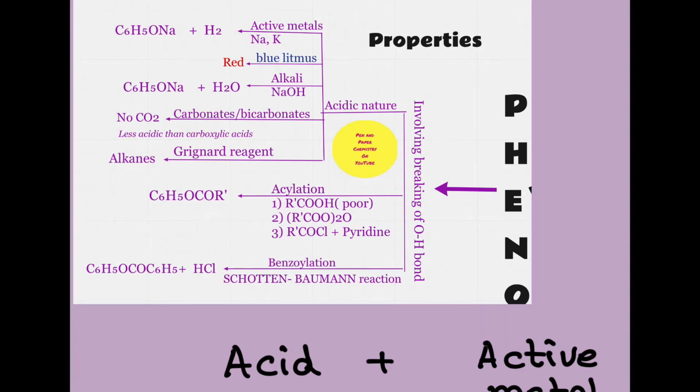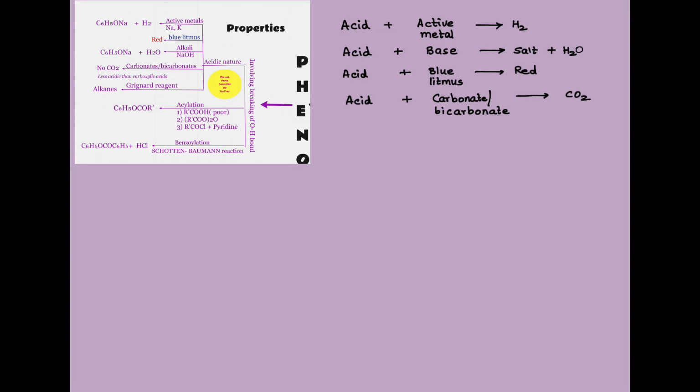Would you like to try writing these reactions on your own? So what do you have to do? You take phenol, C6H5OH, react it with sodium. So we are talking about the breaking of the OH bond, right?